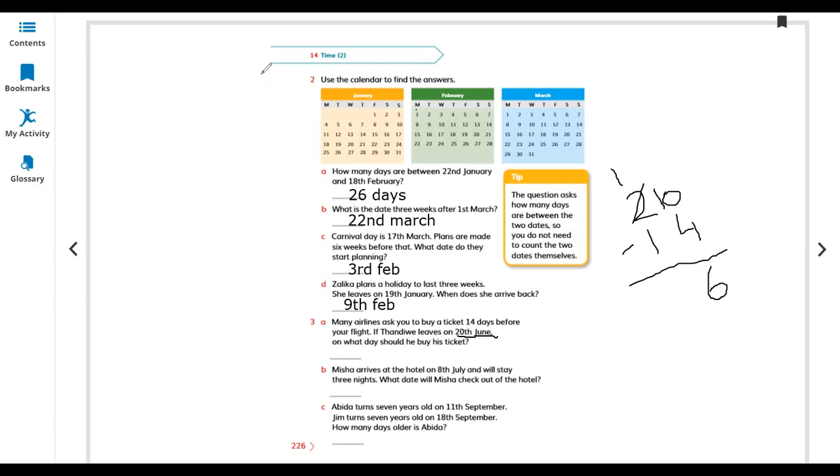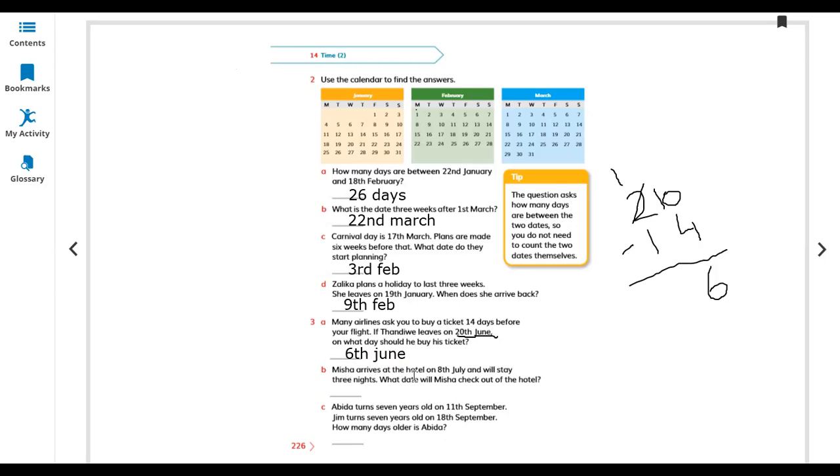We can write 6th of June. As it's written, you need to buy the ticket 14 days before your flight. So if your flight is 20th June, if we go 14 days back, it's 6th June.